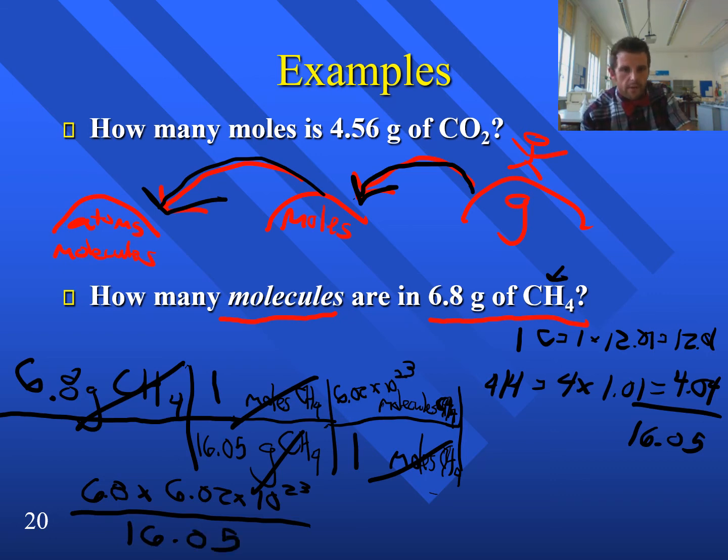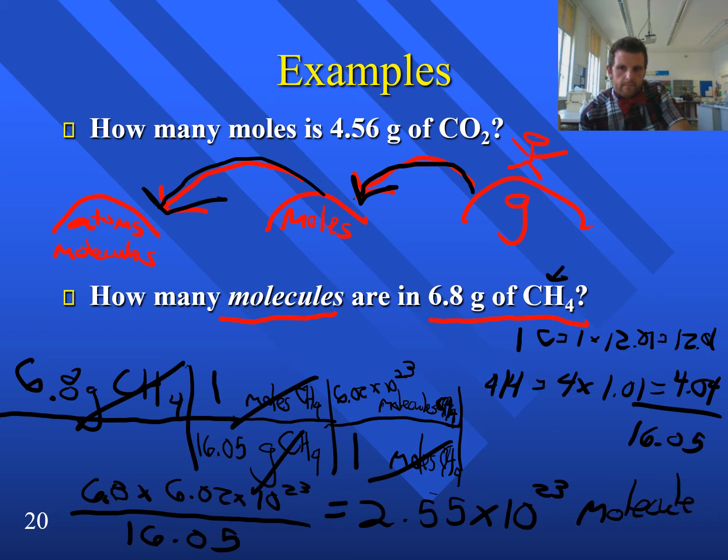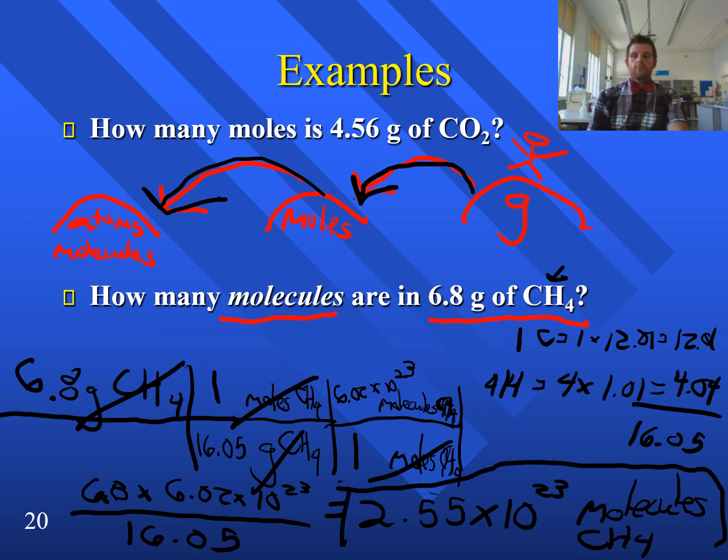So you should end up getting an answer of 2.55 times 10 to the 23 molecules of CH4. So this is an example of a multiple step problem. You'll start to see these more and more as we go along.